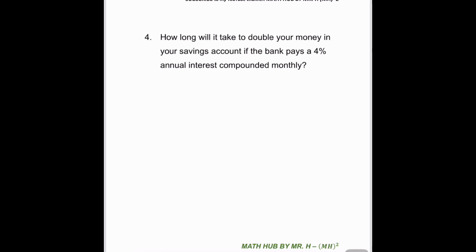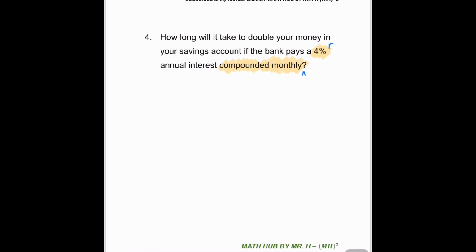For this question, maybe you notice that there's no principal amount given, only the interest rate, and how many times the interest will be compounded, which is monthly. So this is the rate, and this is the value of n, and n will be equal to 12 because it's compounded monthly.